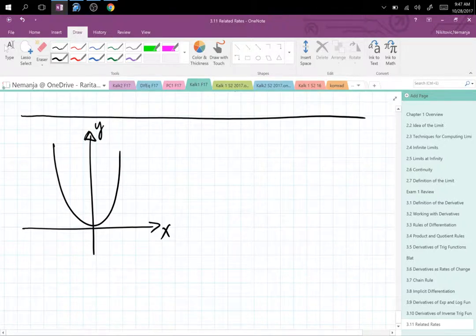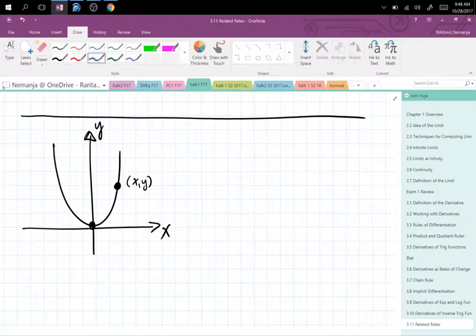And apparently, a bug is moving along the right side of the parabola at a rate such that its distance from the origin is increasing. Here's a bug. It's a dot at the unknown location x, y.